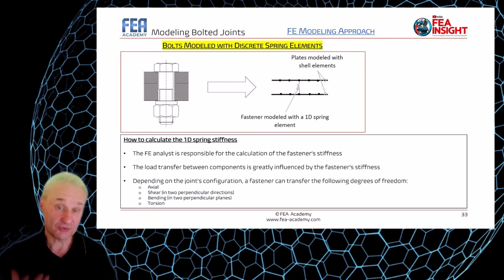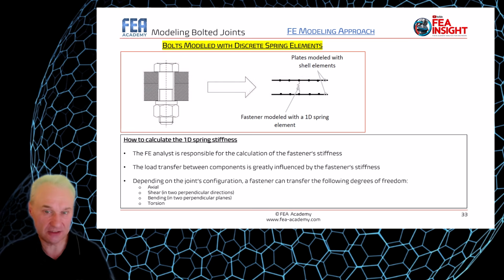So the load transfer between components is greatly influenced by the fastener stiffness. So particular care in the stiffness calculation must be taken to accurately capture the load transferred in the joint.